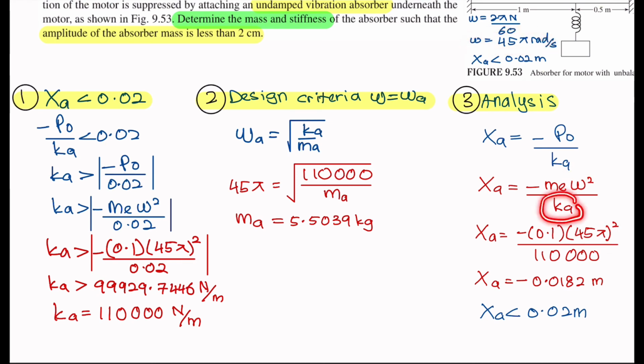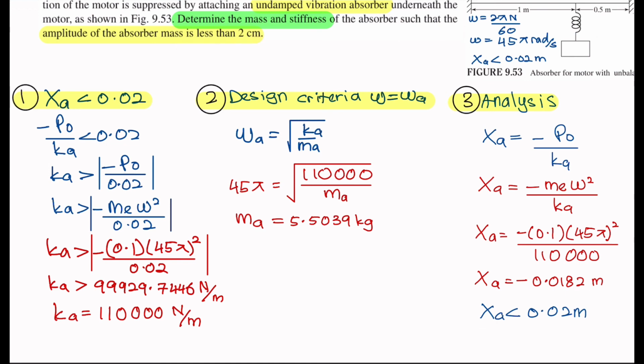Now put in the Ka that you chose just now, 110,000. Calculate this and you get the amplitude of the absorber to be negative 0.0182 meter, which is less than 0.02 meter, as the question stated.